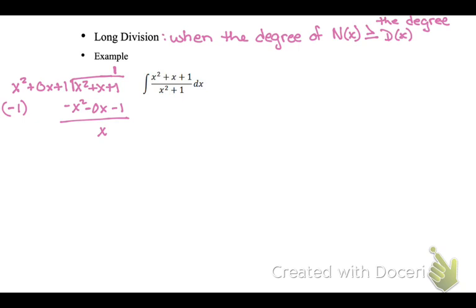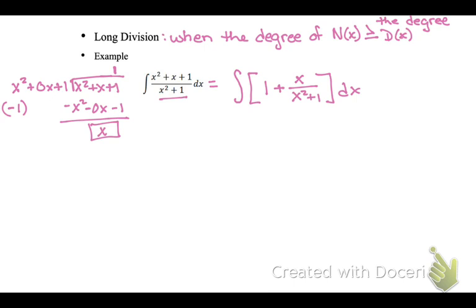So now what I have is the integral of 1 plus, what's your remainder? x over your divisor, x squared plus 1. Makes sense what just happened? Yeah, because it's your quotient plus your remainder, isn't it?